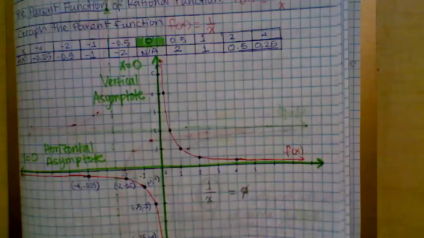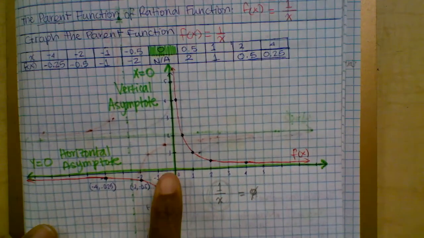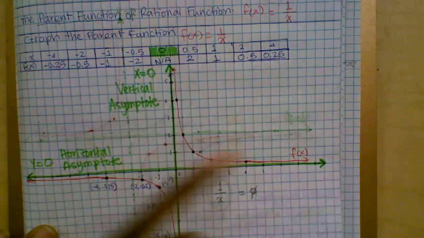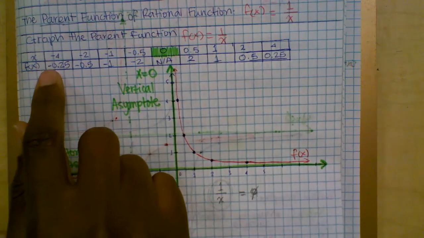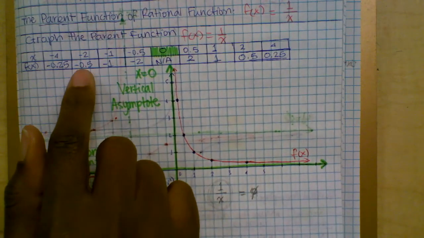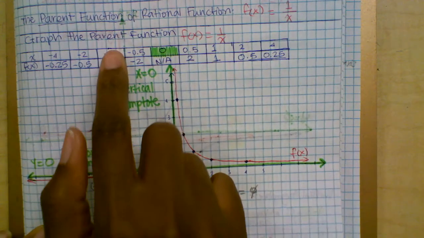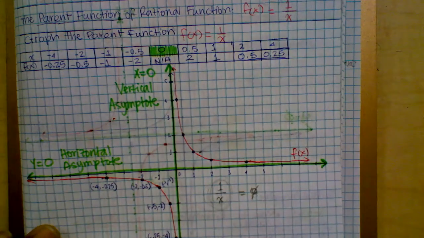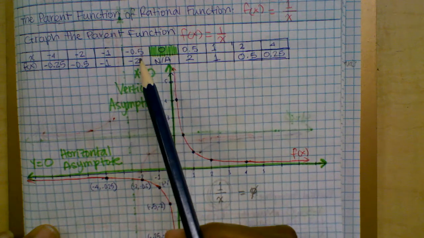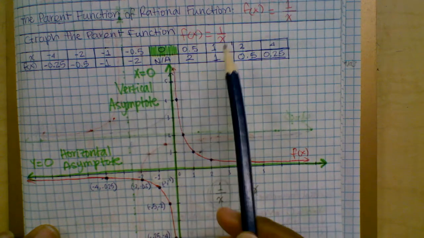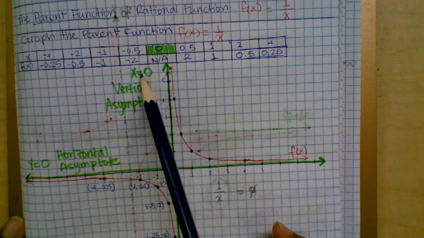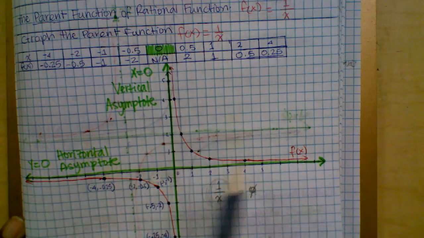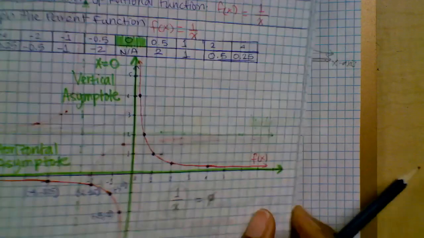I'm going to use the ordered pairs negative 4, negative 0.25; negative 2, negative 0.5; negative 1, negative 1; and then negative 0.5, negative 2. Remember, you have the vertical asymptote at x equals 0 and the horizontal asymptote at y equals 0.